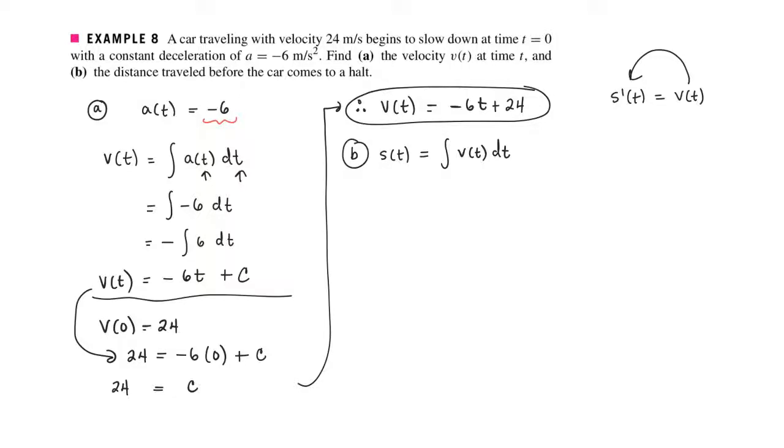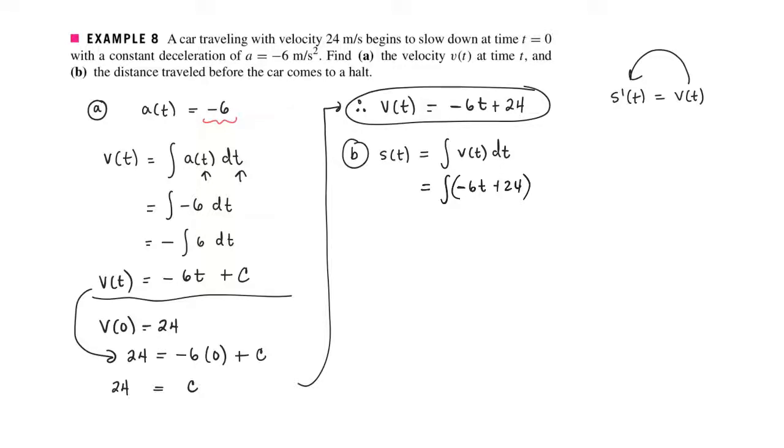So velocity, if we're going backwards, the antiderivative of velocity is going to give us position. So what I want to do now is replace v of t with negative 6t plus 24.